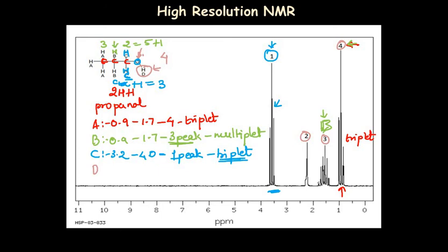So here the peak number 2 is responsible, and it is the peak produced by this type of proton.